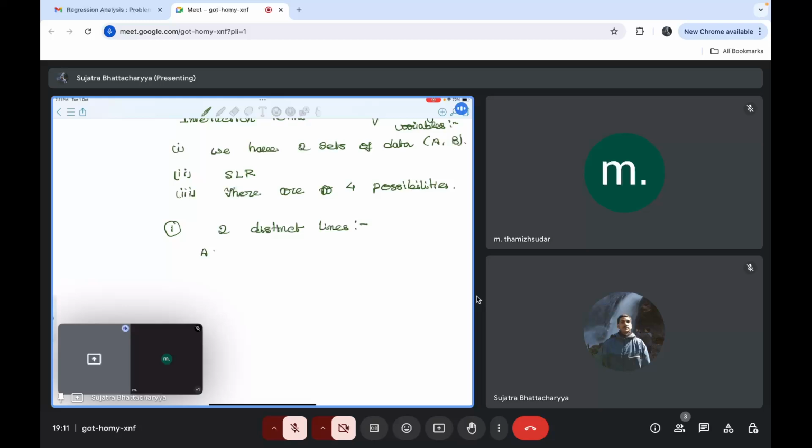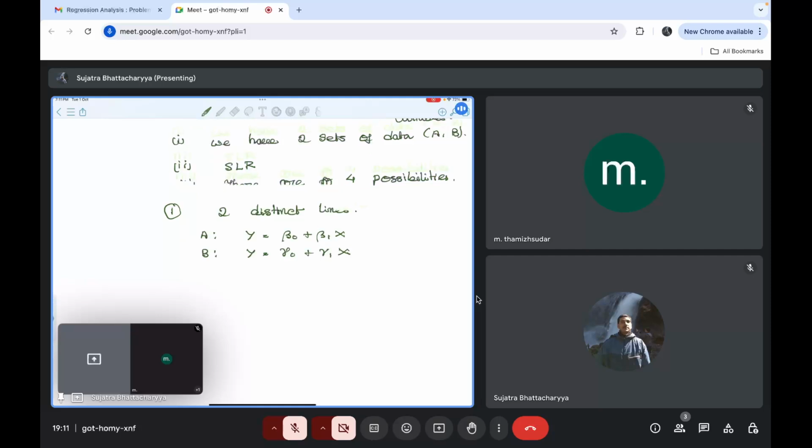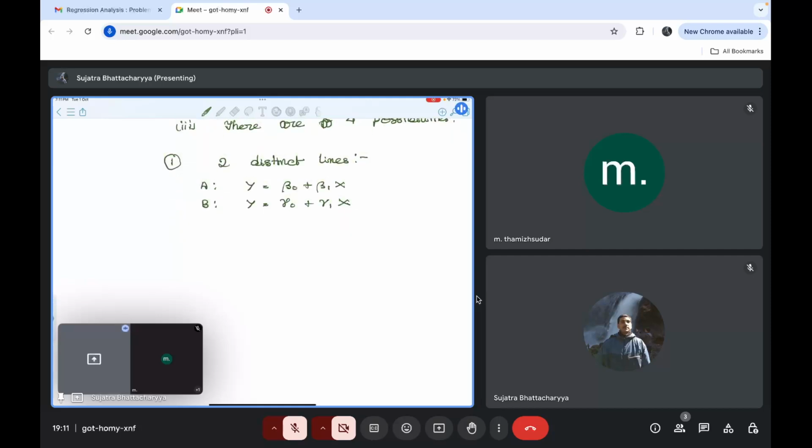So for the first set, suppose we have y is equal to beta naught plus beta 1 x, and for set B, we have y is equal to some gamma naught plus gamma 1 x. These are two distinct lines. Why? Because their slopes are different, beta 1 and gamma 1, and their intercepts are also different, beta naught and gamma naught.